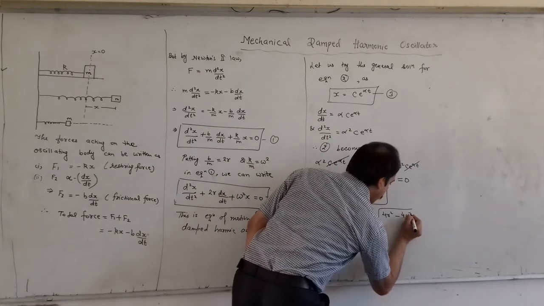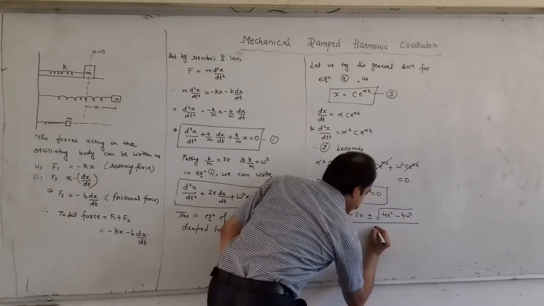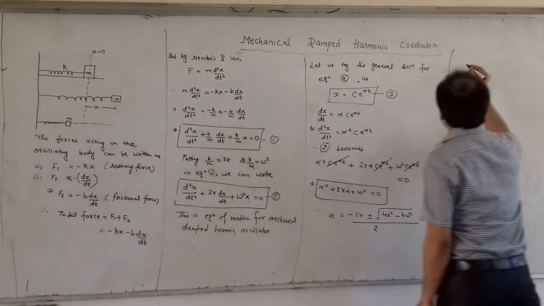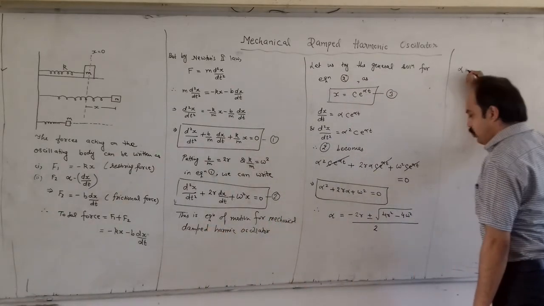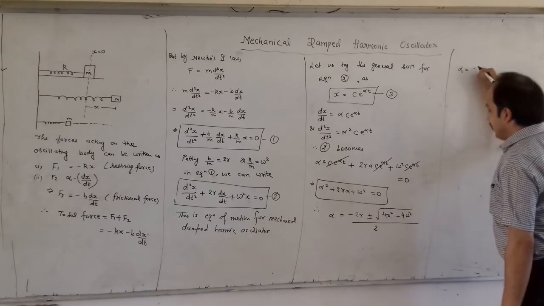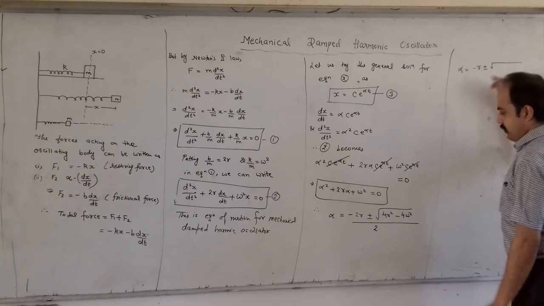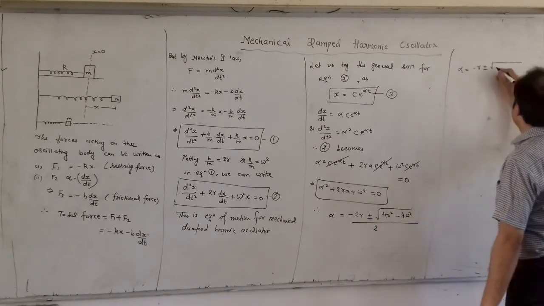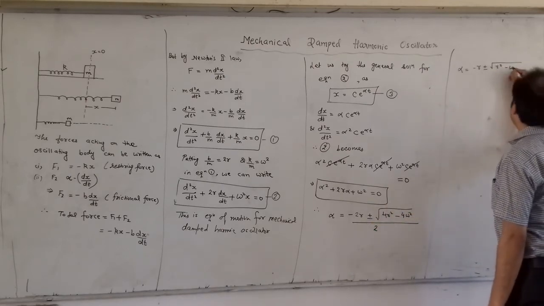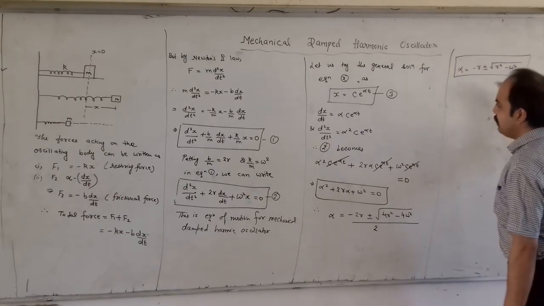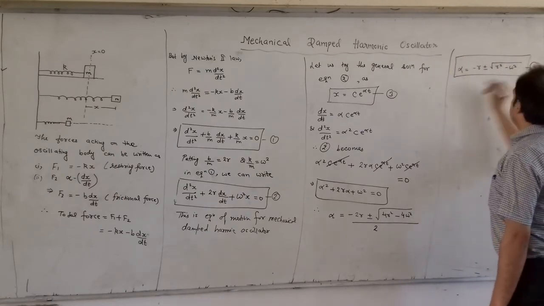So alpha is equal to minus r plus minus under root r square minus omega square. Let this be equation number 4.